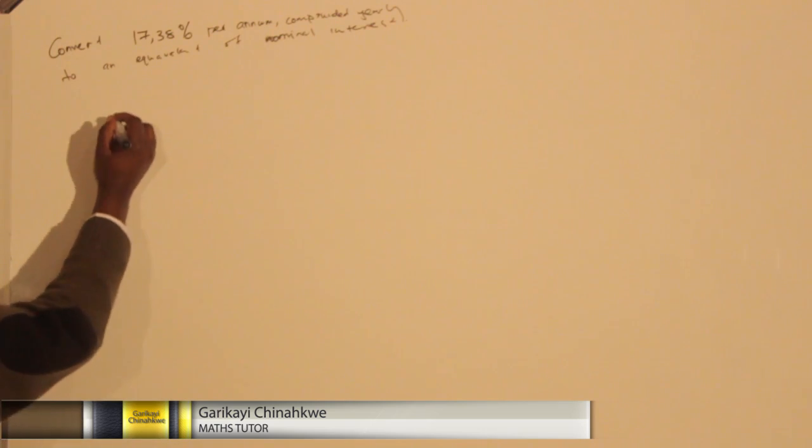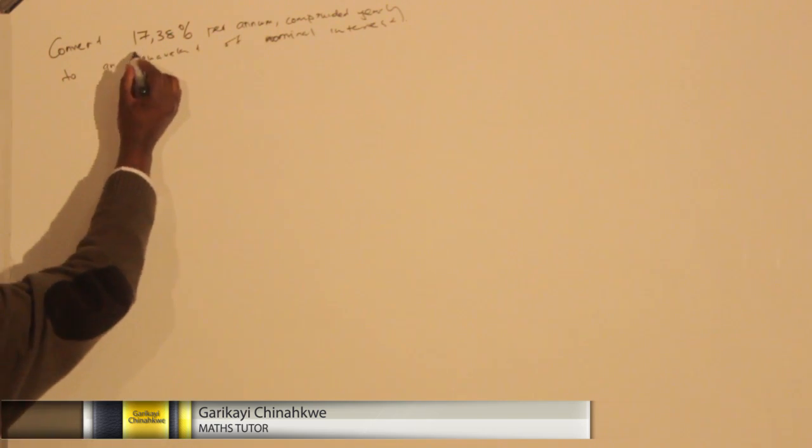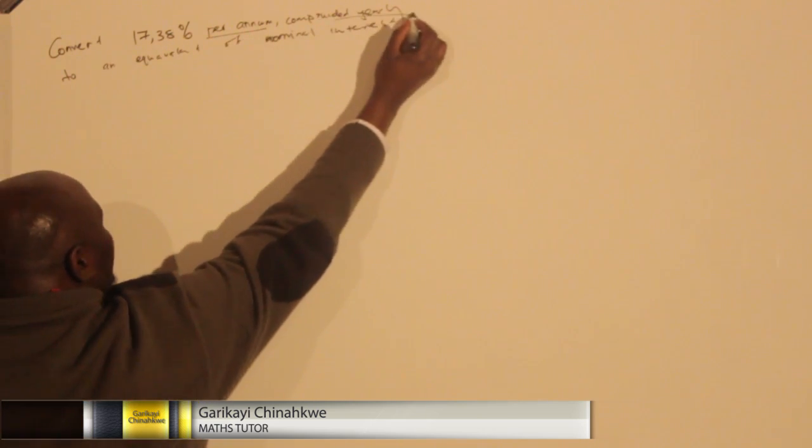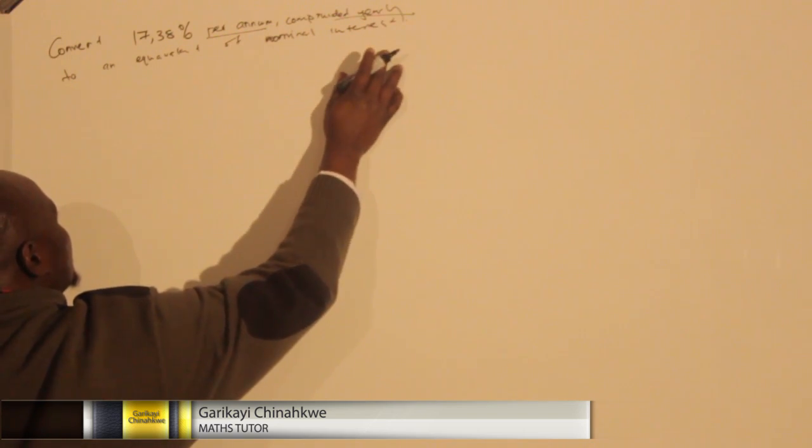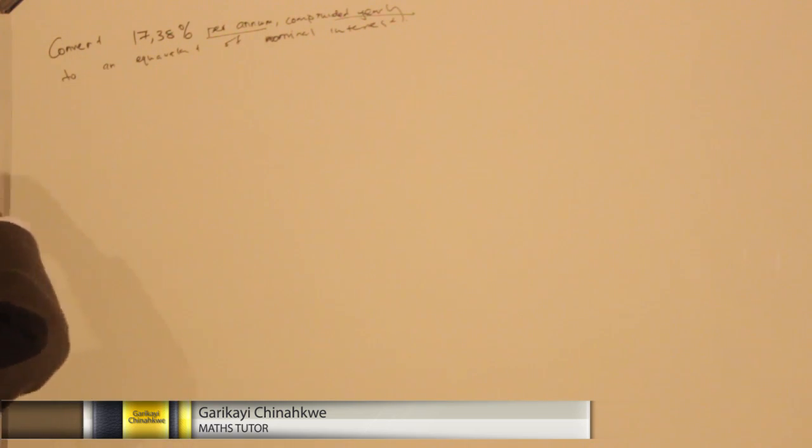So how do you do that? First of all, you are given per annum compounded yearly, so it's effective. Same compounding period, it's effective.